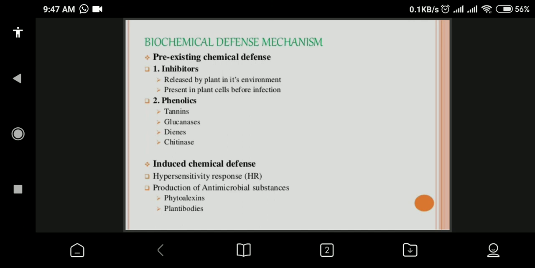Second are the phenols. We have already studied the phenolic compounds as biochemical defense mechanisms. Induced chemical defense substances include the hypersensitive response, production of antimicrobial substances, phytoalexins, and plantibodies. Phytoalexins we had already studied.